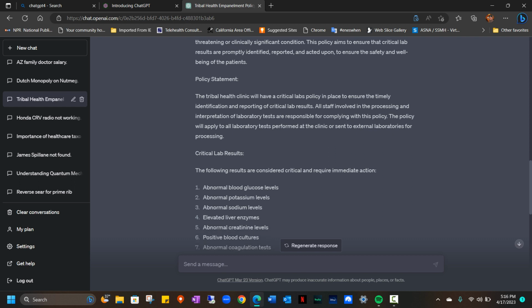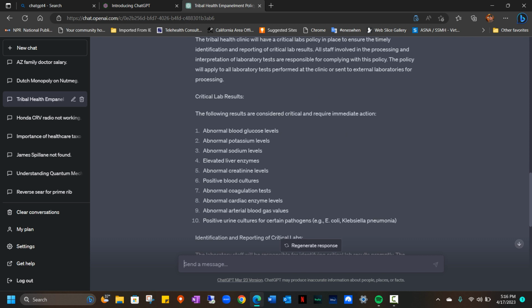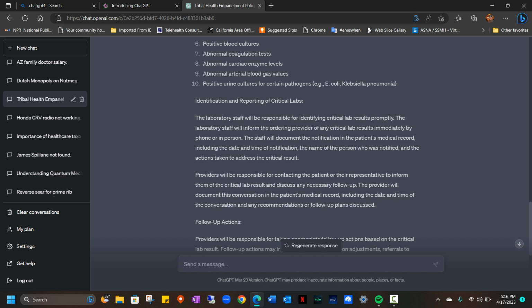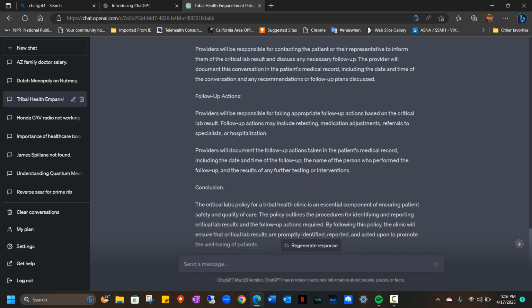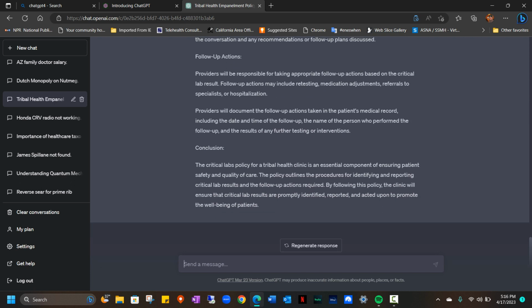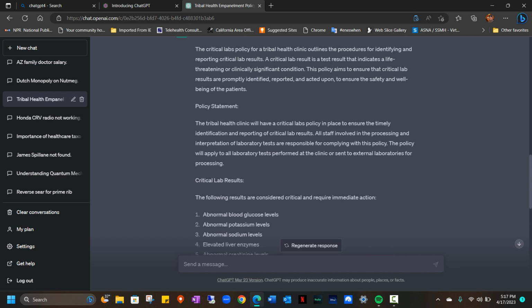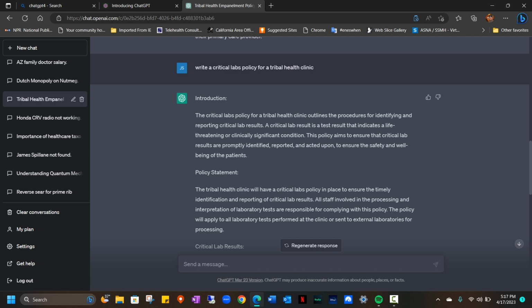So here we go. It's giving you a lab policy and identifying what tests you might want to look at. Again, this is not 100%. This is still an AI, so you have to double check it. And you say, well, we do this, this, and this, and that's a little bit different. But then you can go back in, edit your response, and ask for a little bit more.